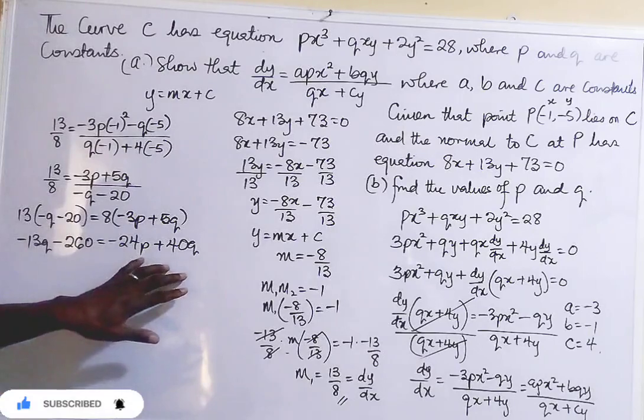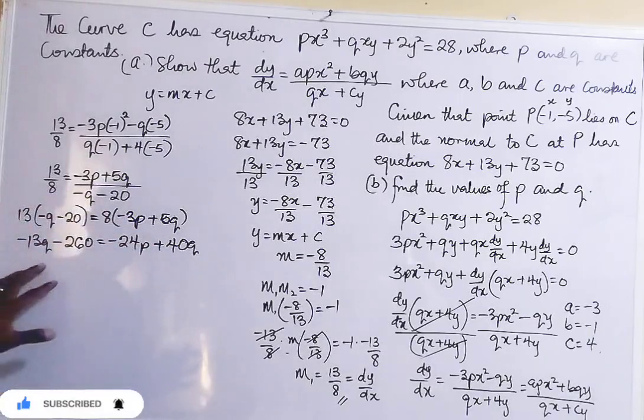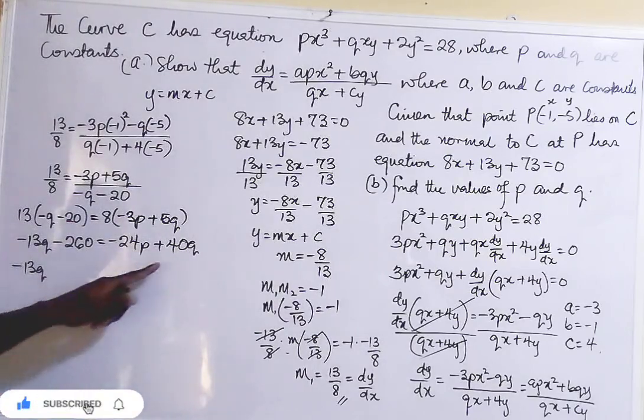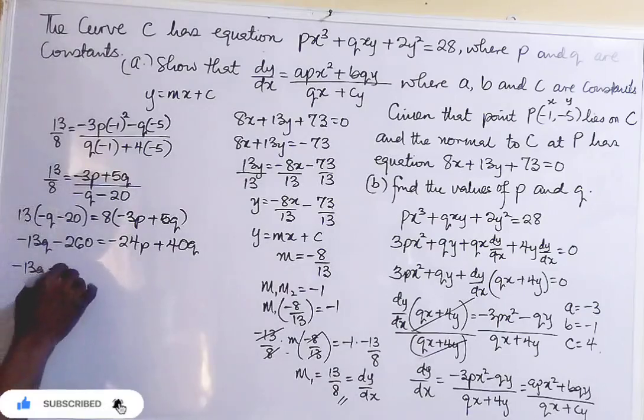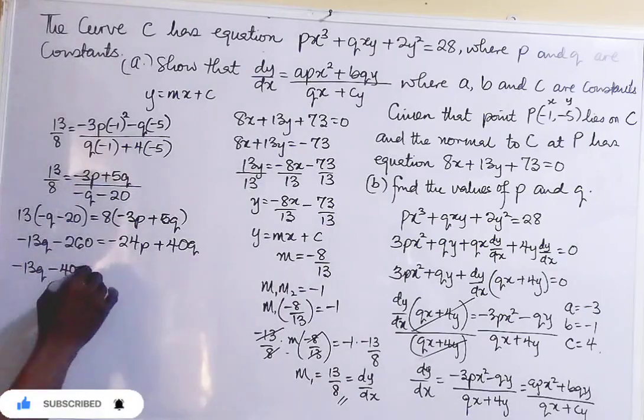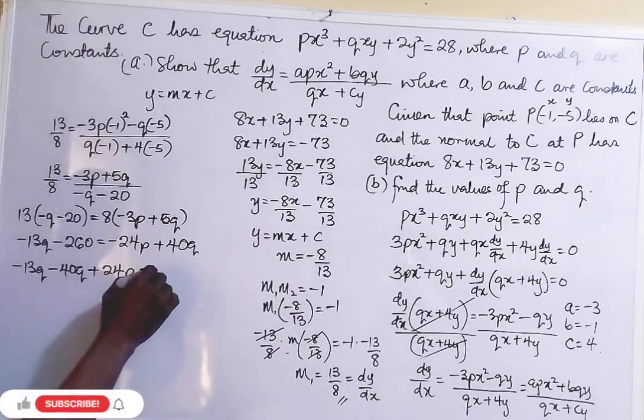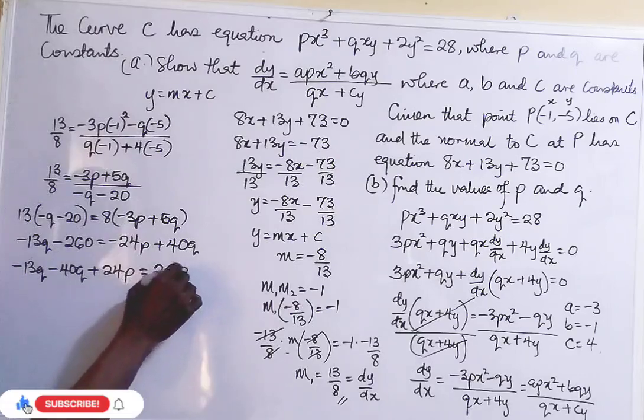All right, now let us take p and q over to the right hand side, then you bring the constant over to this side. So we get to have -13q, where's the other q here? -40q, then plus 24p, then equals 260.